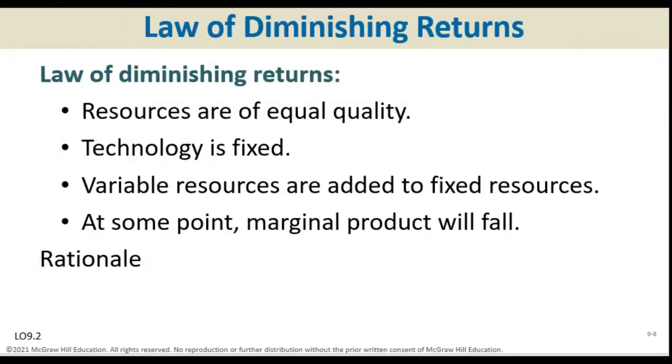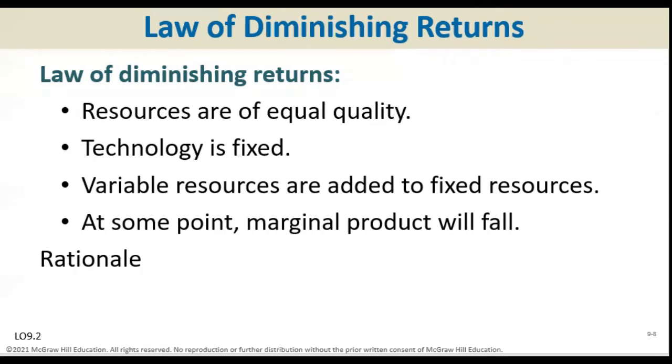So the law of diminishing returns states that as successive units of a variable resource are added to a fixed resource, the marginal product of the variable resource will decrease. Essentially, the explanation is that a fixed plant gets overcrowded with the variable resource.